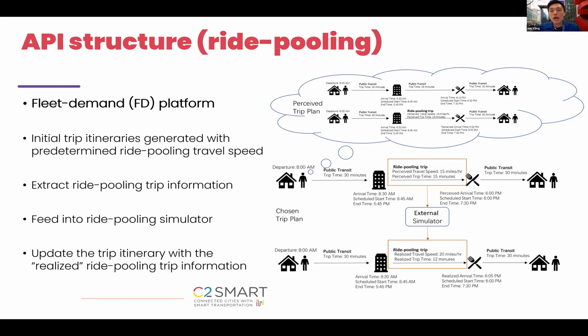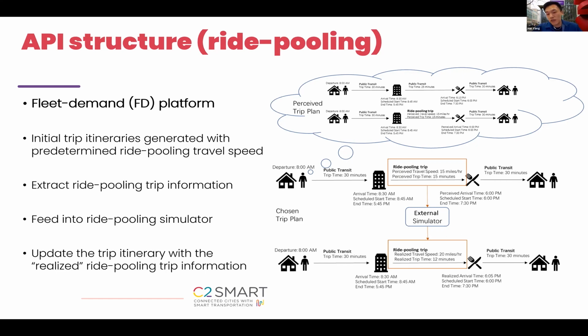I will let it run, but after getting the initial MATSim results, we'll extract the trip legs that we want to focus on, and then feed that extracted trip information into the external simulator, let it run again to get a more realistic result, and replace the previously extracted trips with that result. So that's the core concept of this kind of API structure, as illustrated in the figure here.